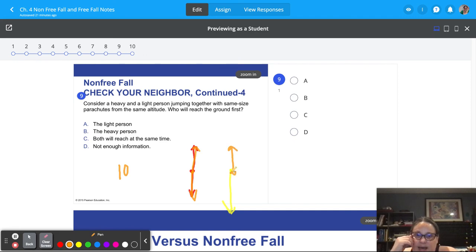But notice that this one here has a net force of 0 now, but this one doesn't. So the lighter person will hit terminal velocity first, and the heavier person will keep accelerating. Because it has a greater terminal velocity, it will be moving faster, and as a result, get to the ground first.